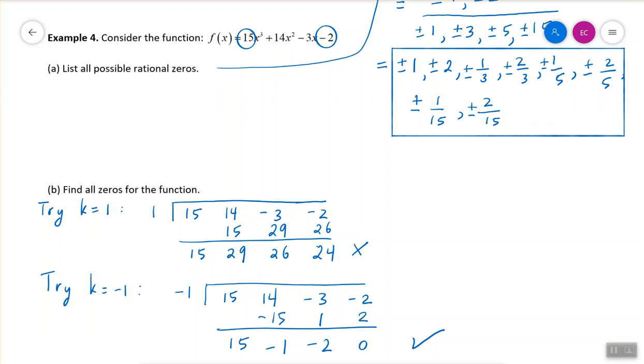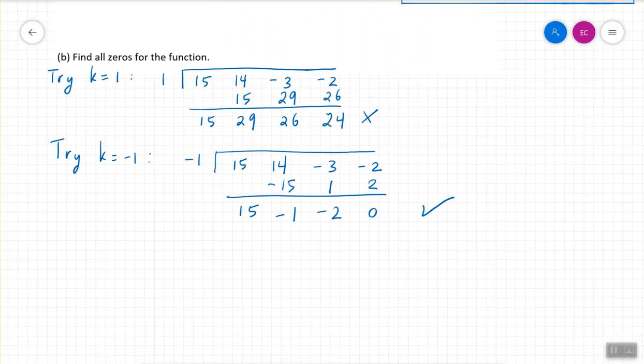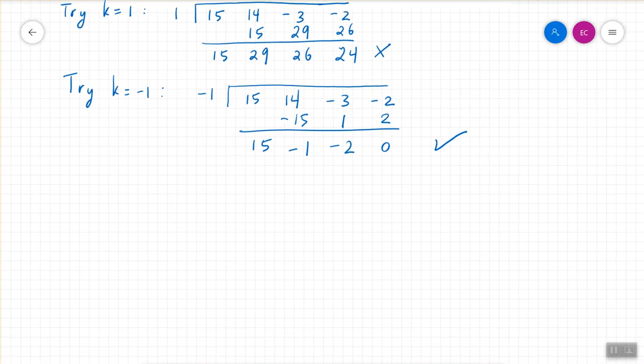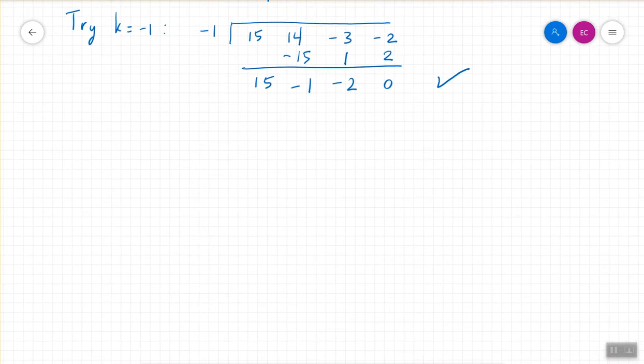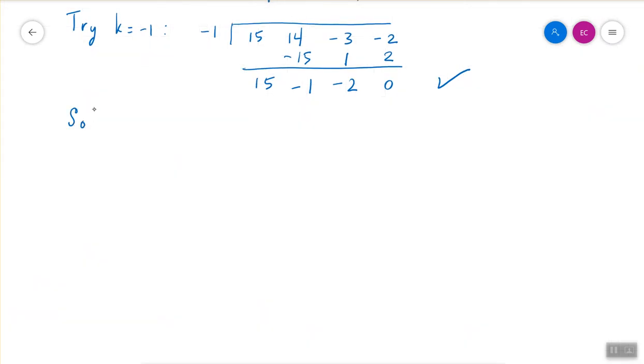No, we don't. What we need to do is use the division algorithm to go ahead and factor f of x. So let's do that. And then remember, if we're trying to find the zeros, what we're doing is we're solving f of x equal to 0. Let me rewrite the function.